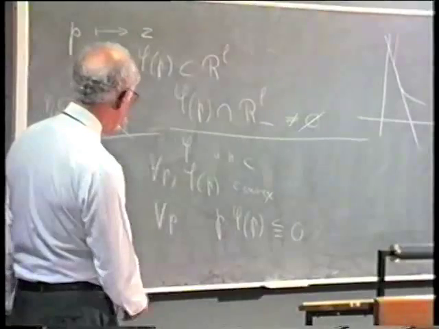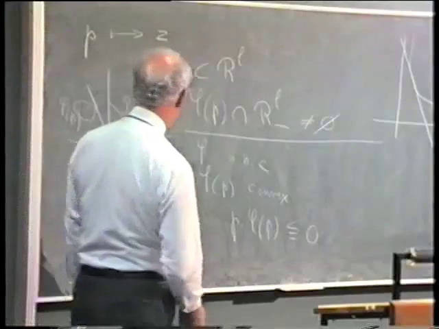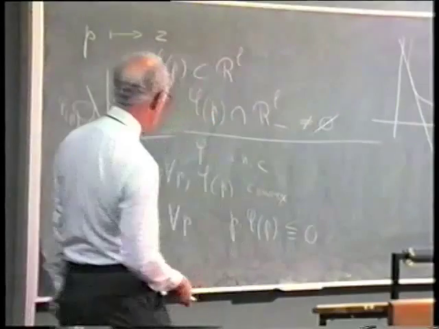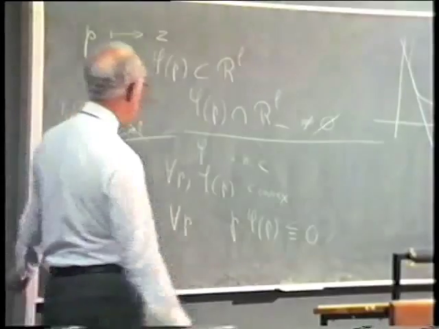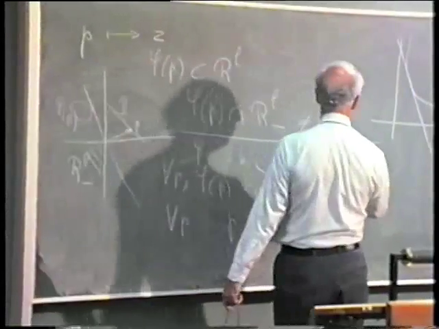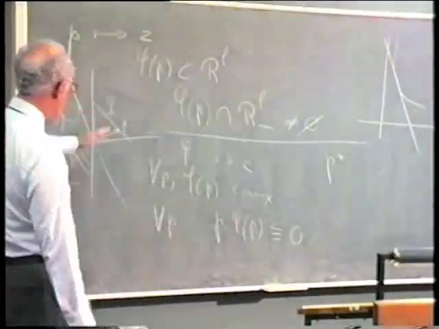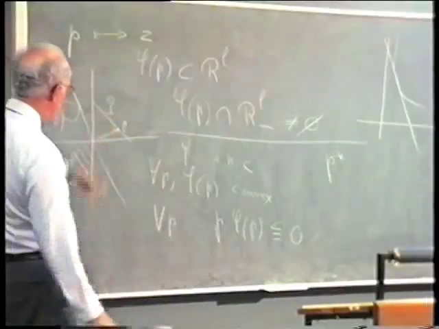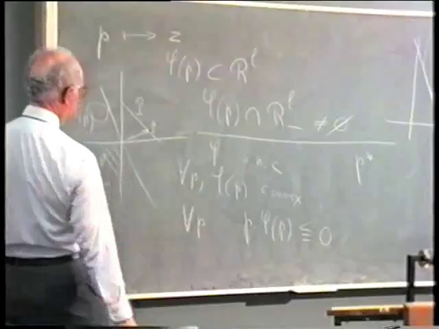And if those conditions are satisfied, then you can prove, and that was proved by Gale, Nikaido, myself separately, that there is a point, P star, at least one, for which you have this relation. So there is at least one P star in capital P for which this set will intersect this one.